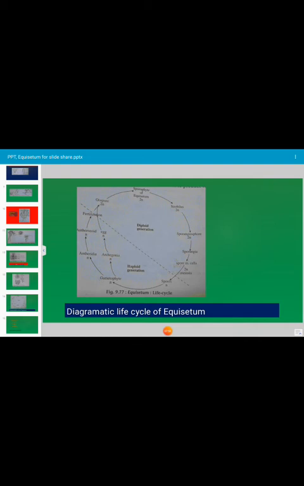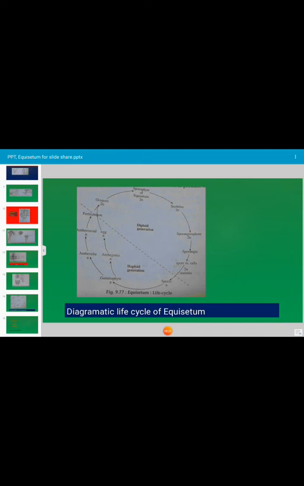Let us discuss the diagrammatic life cycle of Equisetum or alternation of generations of Equisetum. Sporophyte of Equisetum is diploid, asexual, independent, autotrophic. Autotrophic means that it can prepare its own food material. It is differentiated into root, stem and leaves. Being asexual reproduction, the sporophyte produces strobili at the apices of the stem.